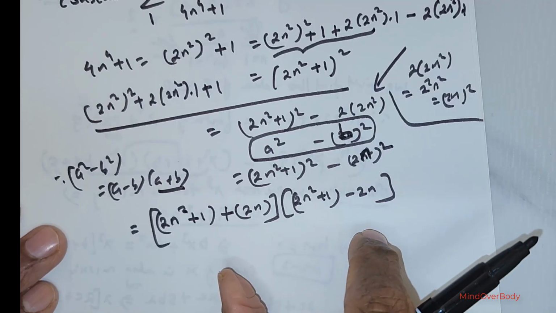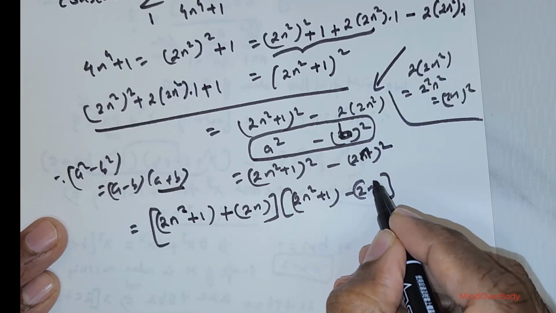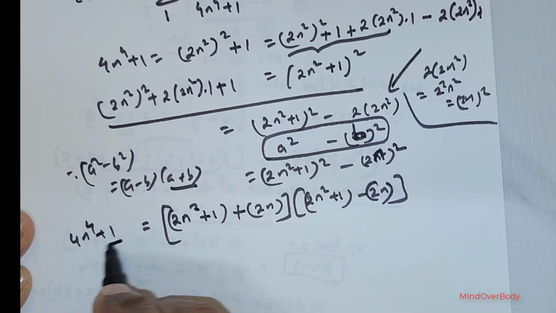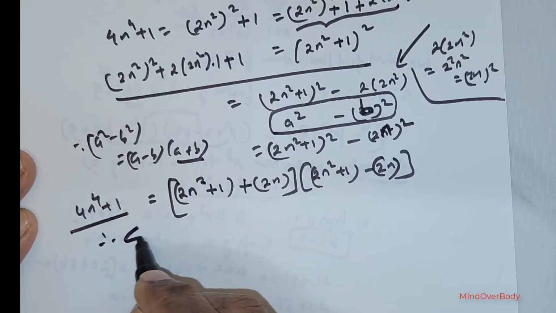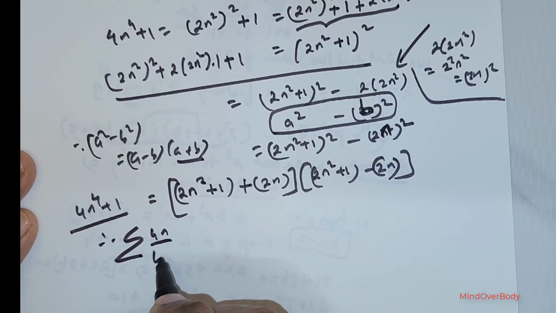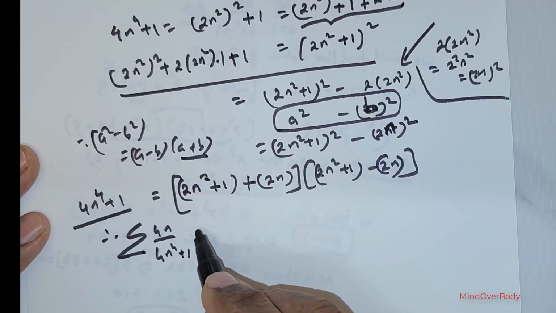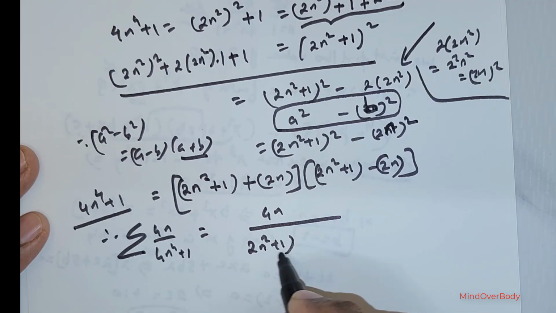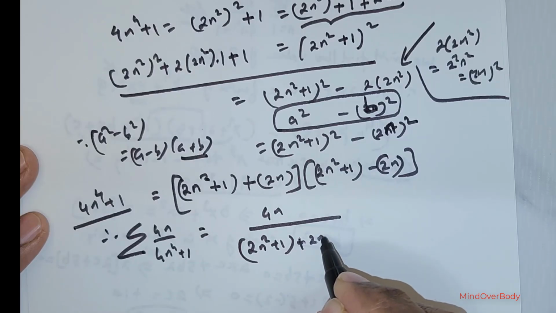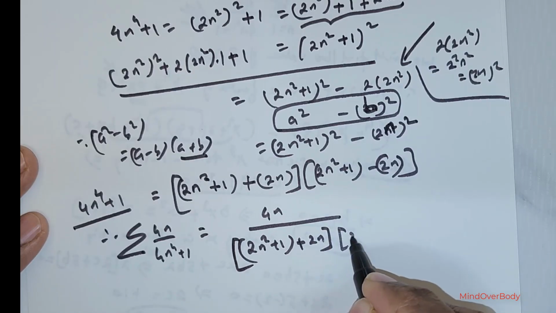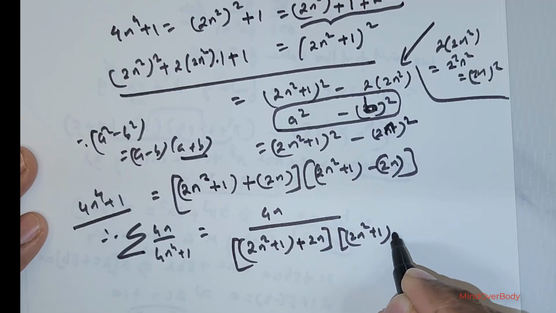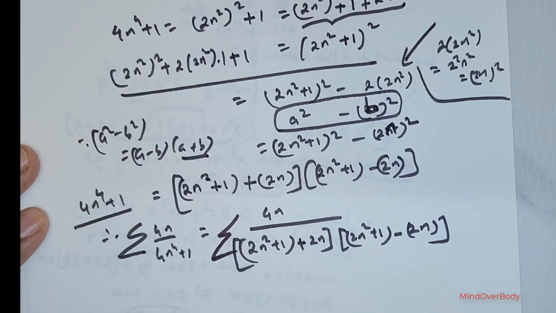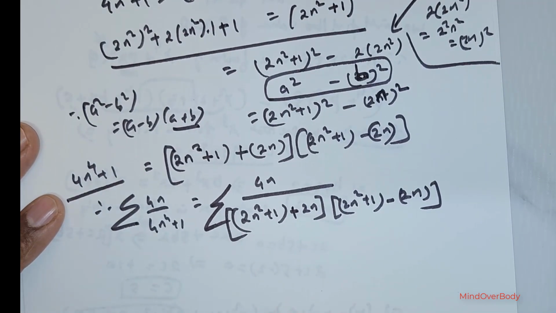Okay, so this is our 4n to the power of 4 positive 1. Therefore sigma of 4n over 4n to the power of 4 positive 1 is going to be 4n over (2n squared positive 1 positive 2n) multiplied with (2n squared positive 1 negative 2n). Okay, so this is how the summation looks.